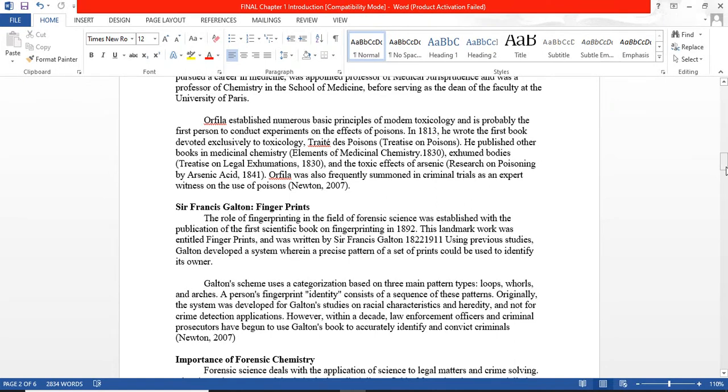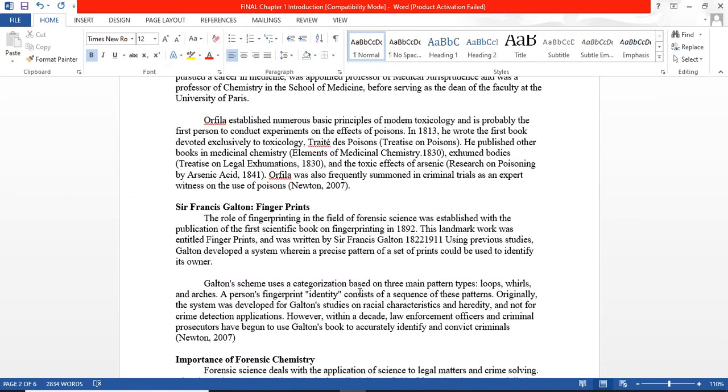Okay, Galton's scheme uses categorized space of the three main patterns of your fingerprint. You have your loops, whorls, and arches. Okay, the person fingerprint identity consists of the sequence of these patterns.